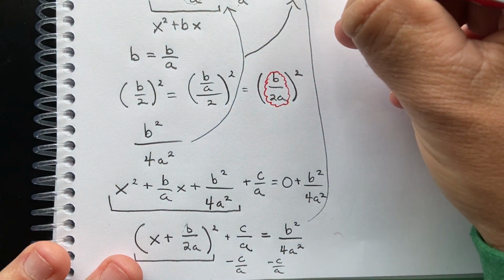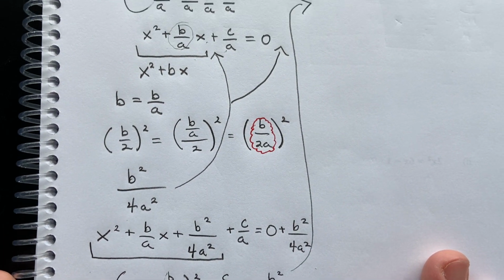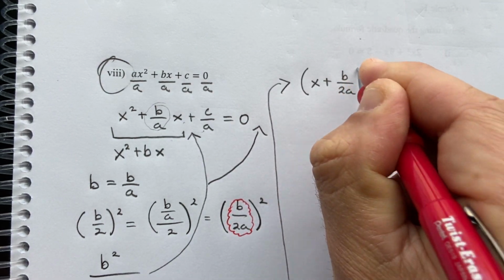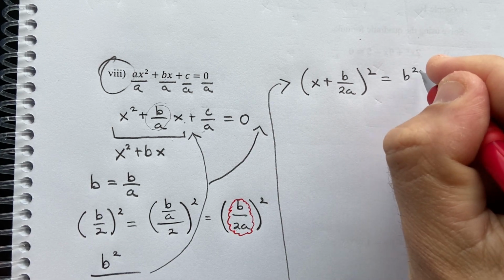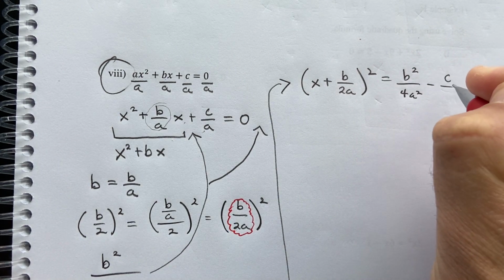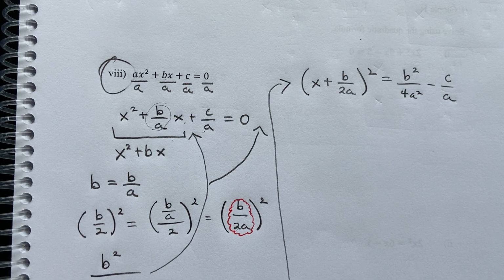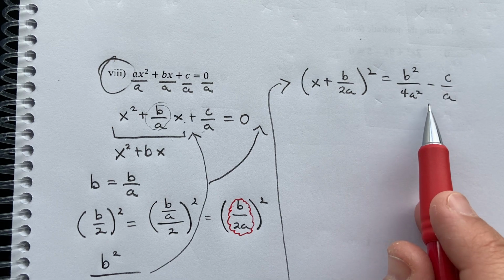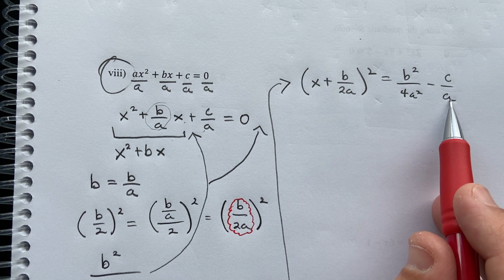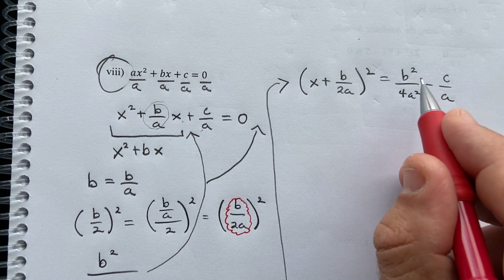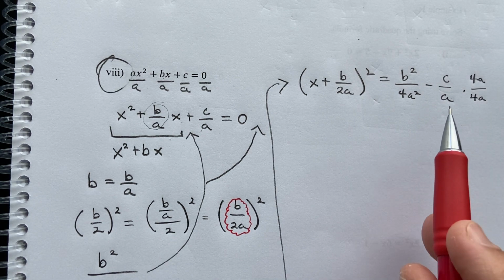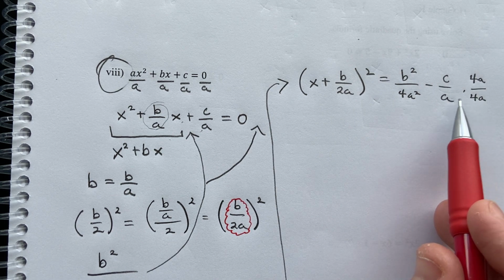So I'm going to bring all this up here now. So that will create x plus b over 2a all squared equals b squared over 4a squared minus c over a, right, from subtracting that c over a. Before I take the square root, I'm actually going to get these things together. So a and 4a squared, to get the same denominator, I need to multiply by 4a over here, so that I have a 4a squared in both denominators, right?